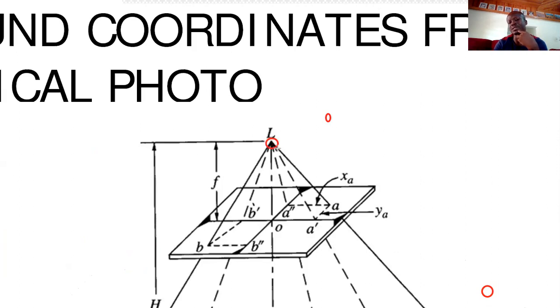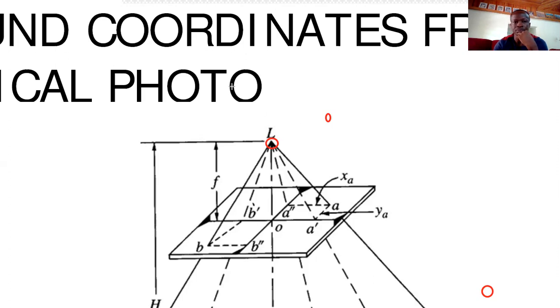This point here represents the lens, but this is just for mathematical analysis purposes. That's not the way a lens looks like. We're only representing it in terms of geometry. All right, so on the photograph, point A on the ground is smaller a, so the coordinate on the photo is smaller x, subscript a.